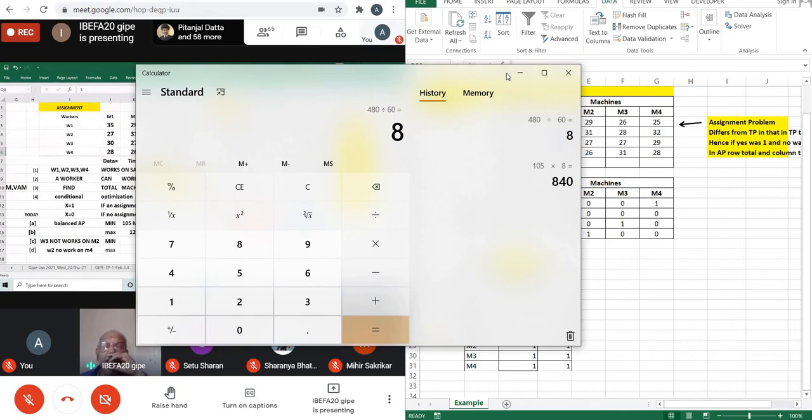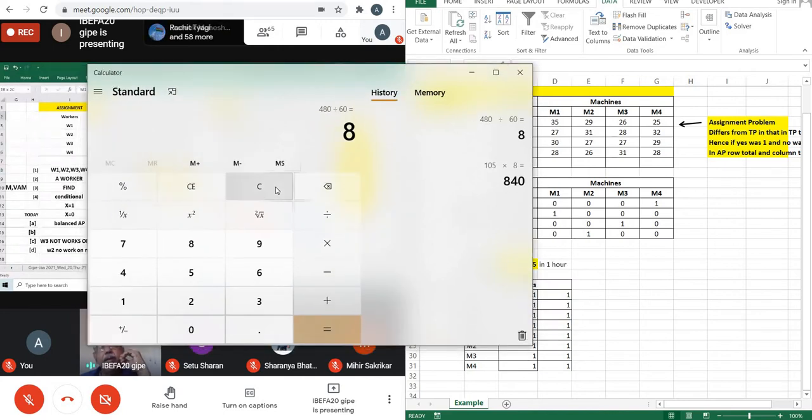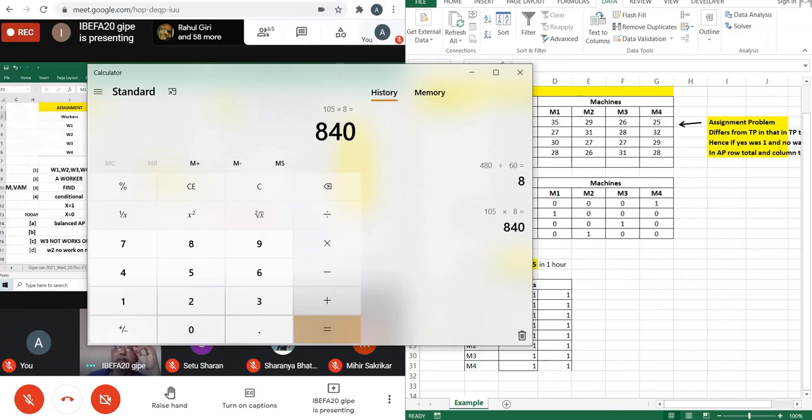And this is a balanced AP because number of rows equal to number of columns.